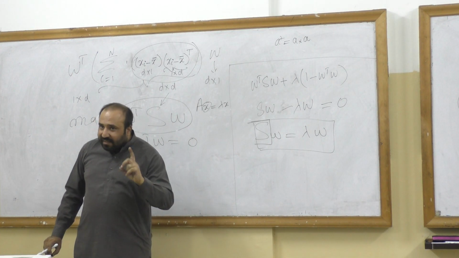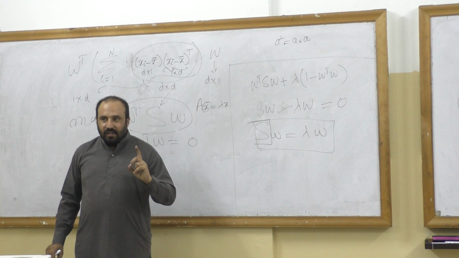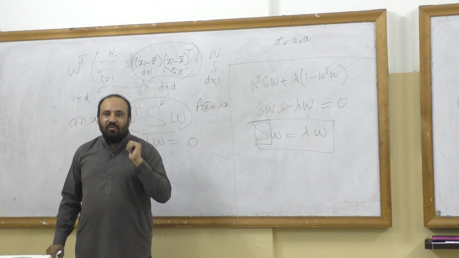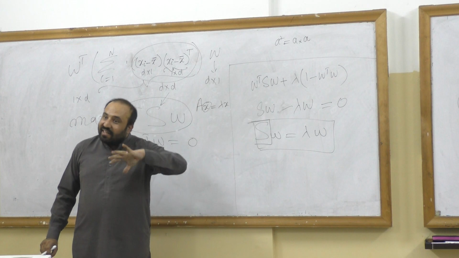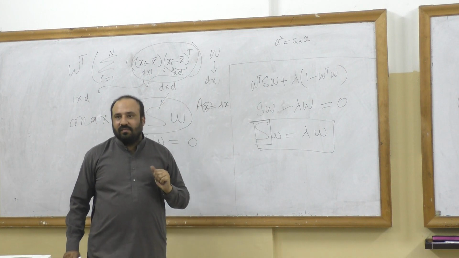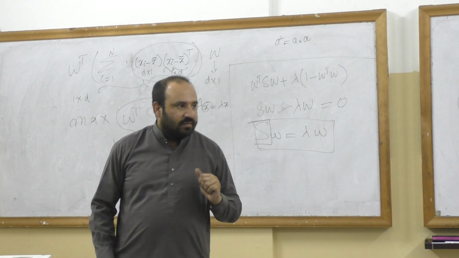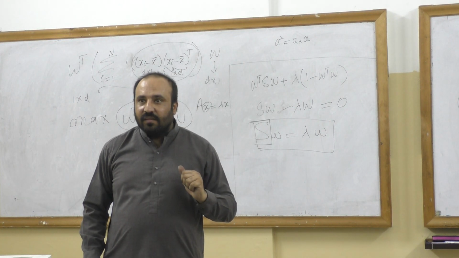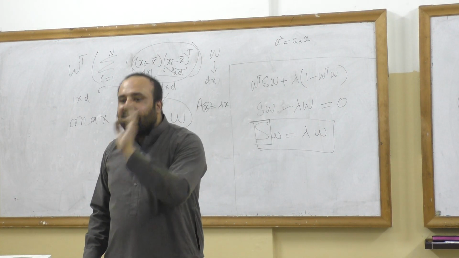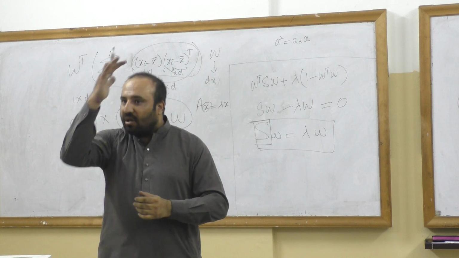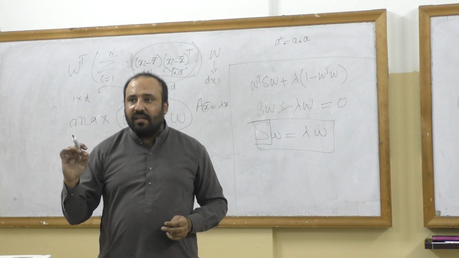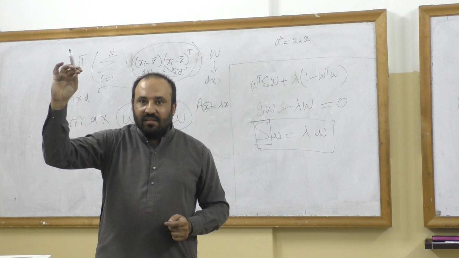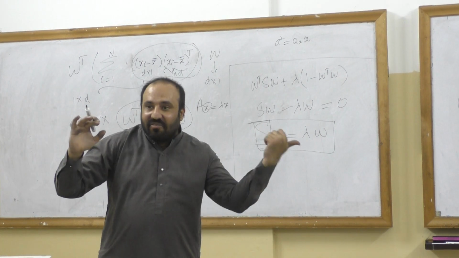Now which eigenvector should I pick? The one whose eigenvalue is maximum. Why? Because then the variance will be maximum. The eigenvalue represents the variance. There are a lot of eigenvalues. Which eigenvalue to pick? The highest, because that eigenvalue represents the variance.